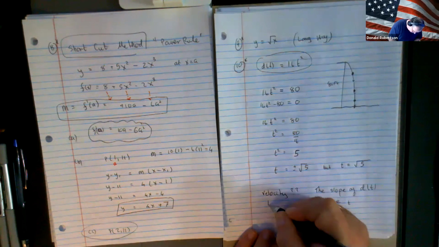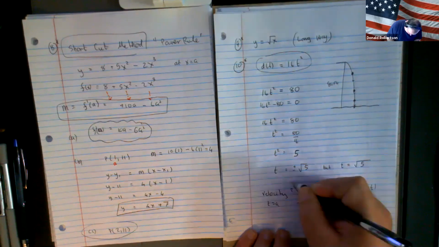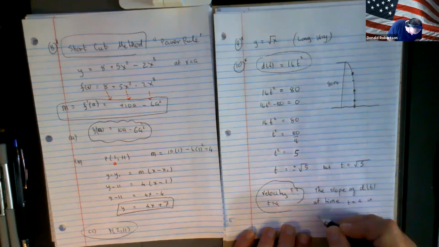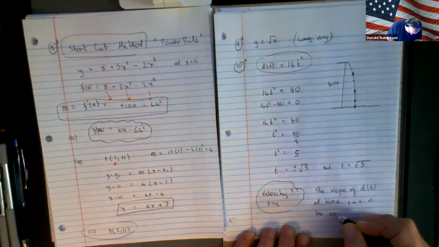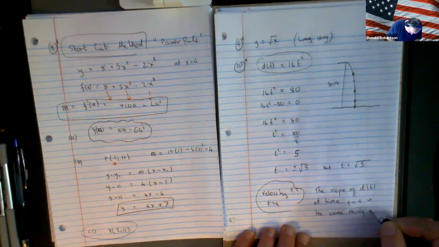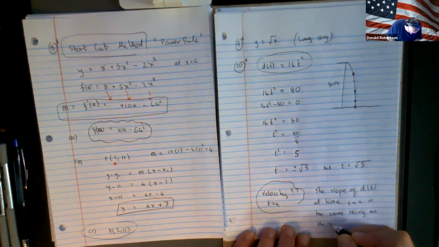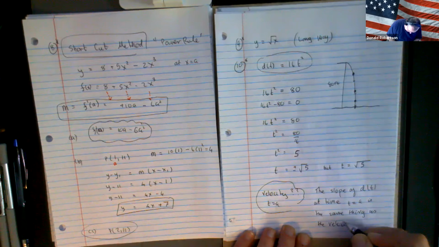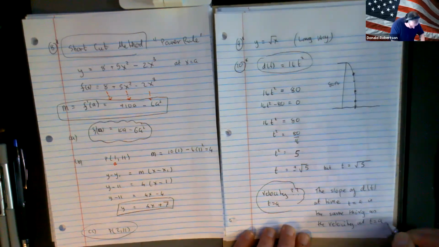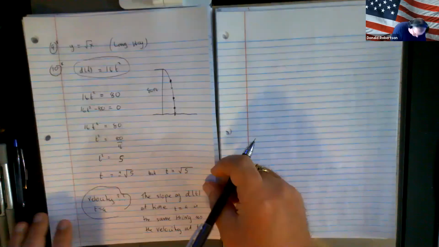So they want us to find the velocity at t equals a. The slope of the tangent at t equals a is the same thing as the velocity at t equals a. So let me try and prove that to you.